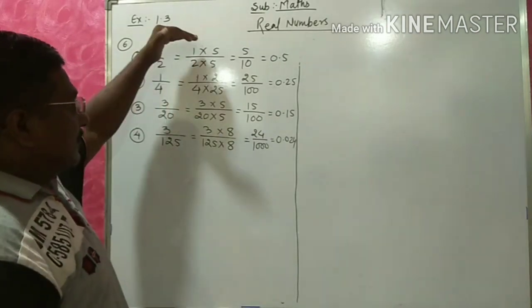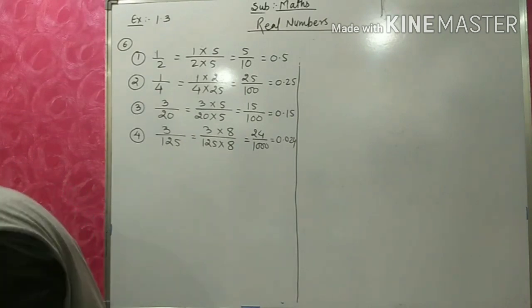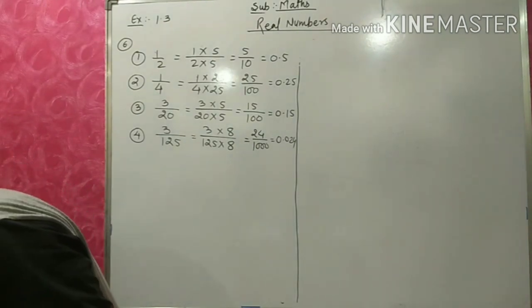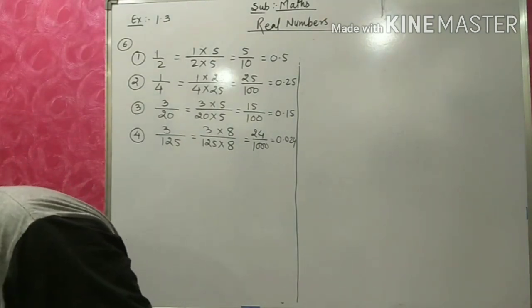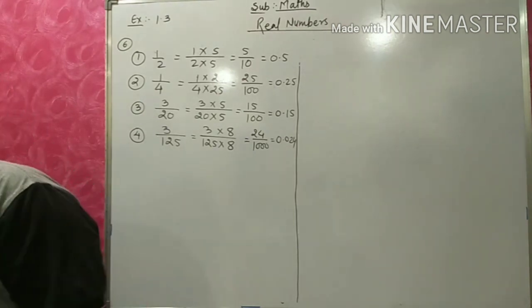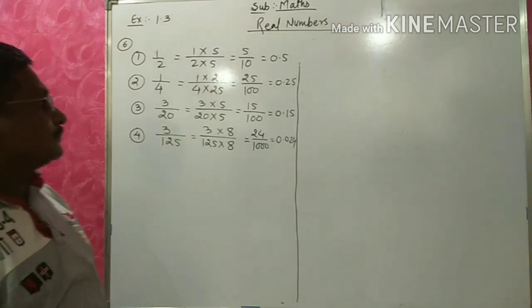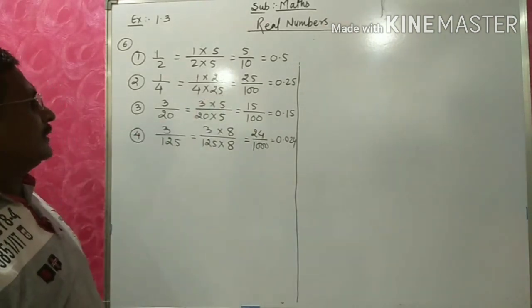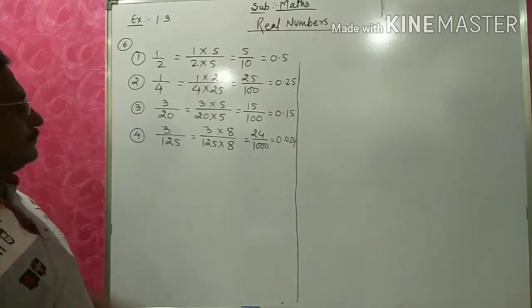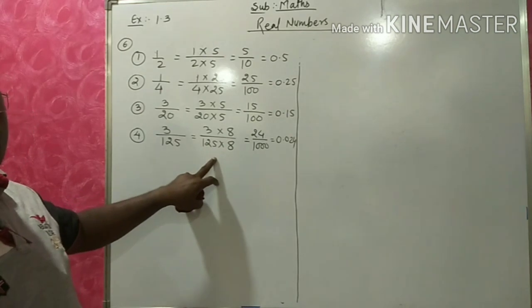Terminating decimals. And what is the question they ask? Can you guess what property Q must satisfy? See here, what is the property in Q?